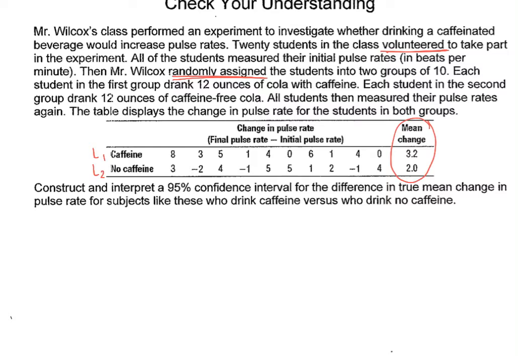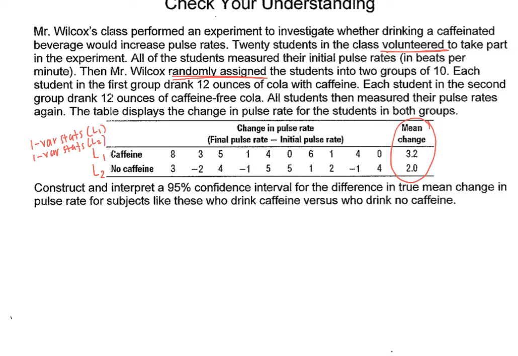Then I'm going to do one variable stats in my calculator to get the standard deviation for list 1. So 1-Var Stats list 1 will give me the standard deviation for list 1. And 1-Var Stats list 2 is going to give me the standard deviation for list 2.